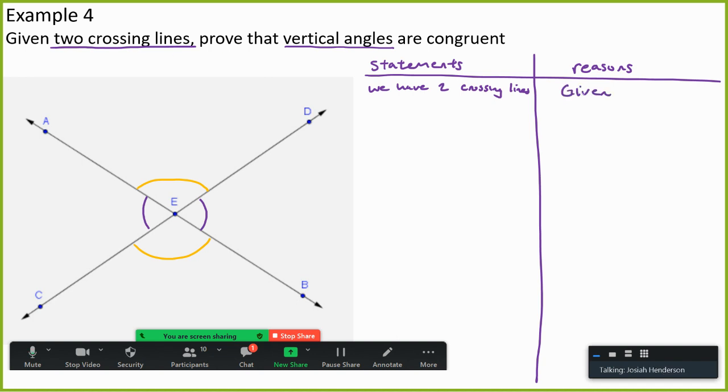Now, we probably should be a little more particular because we're going to need to refer to these parts. I'm going to keep my statement as we have 2 crossing lines, but let's name those 2 crossing lines. Let's practice this together, folks. One of the lines has the A. On the left, see the A point? What's another point that's unique to that line that's on the line?